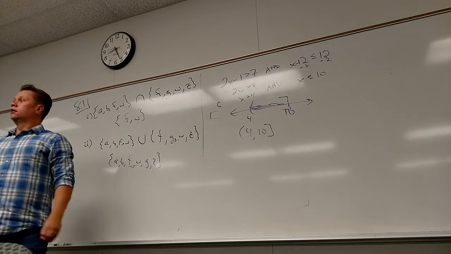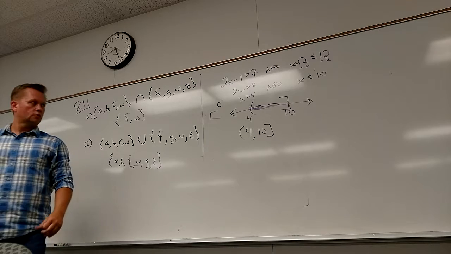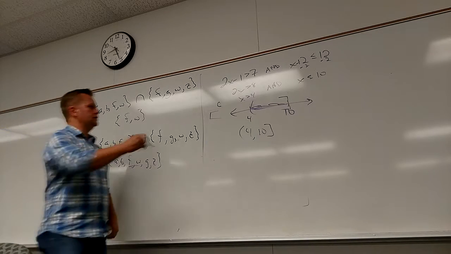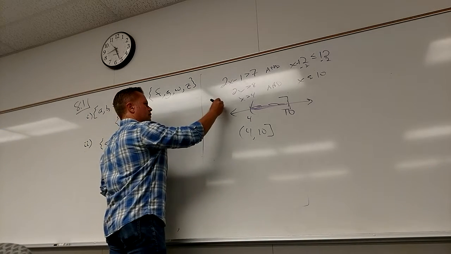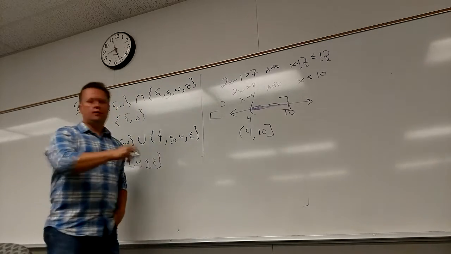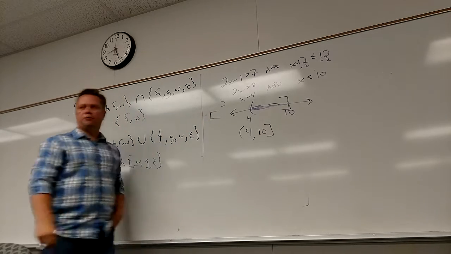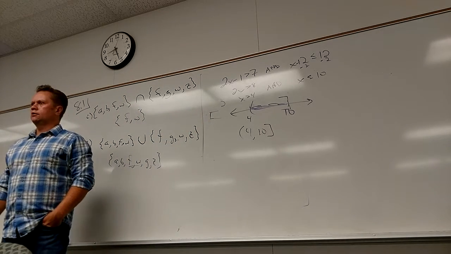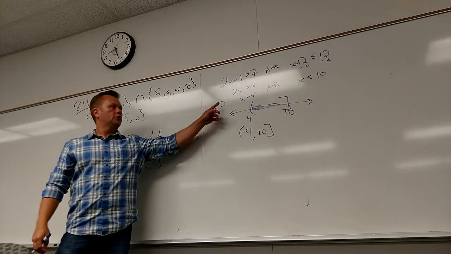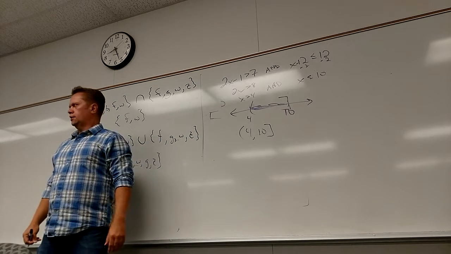Just to reiterate, the bracket is the dark circle and the parenthesis is the open circle. That's why I like this idea. If you wanted to put an open circle on it, you just put a parenthesis instead. And this guy, include, so you use a bracket. It looks like part of an I for include. So this would be a closed circle. That would be an open circle. I like it.